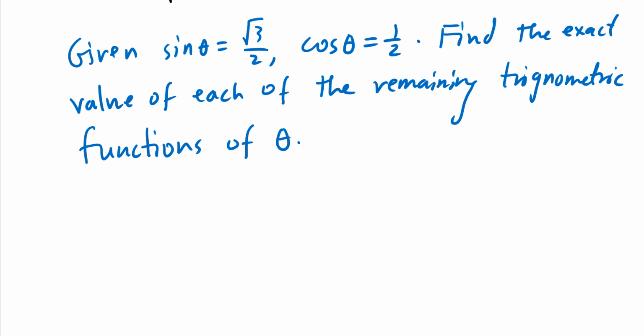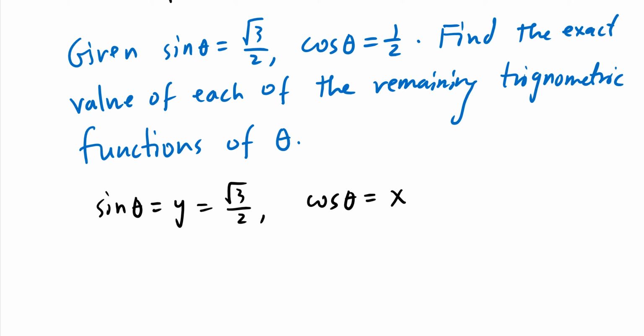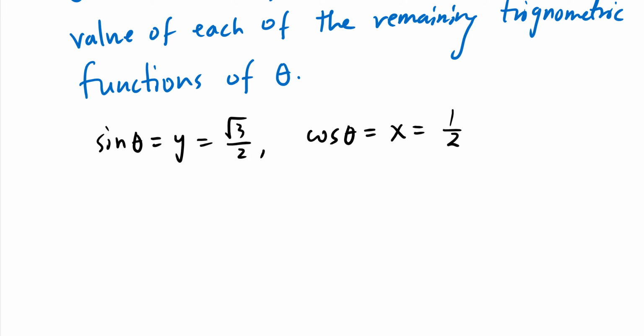They give us sine theta and cosine theta. Remember, we said that sine theta is always y, if we are working on the unit circle. Cosine theta is x. Is it true here that this is really on the unit circle? We can check if we like to do so.